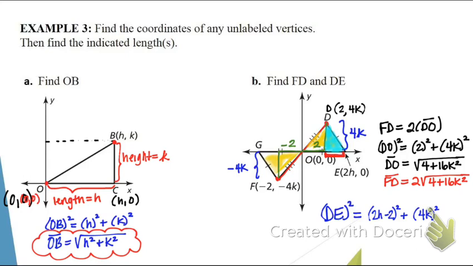How you find that length is you subtract the x value from this point and the x value from this point, right? That's how you find the length between 2 points. You subtract. So that distance is 2h minus 2, that's one side, squared. And then the other length of my triangle is this one, which is 4K. So that's where I got the 4K squared from.